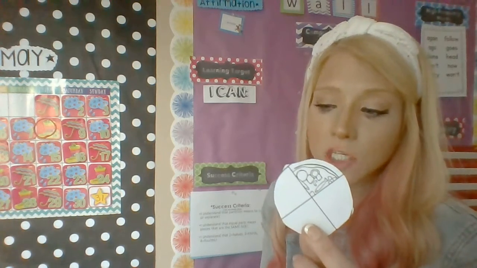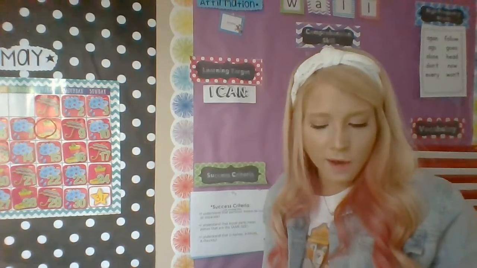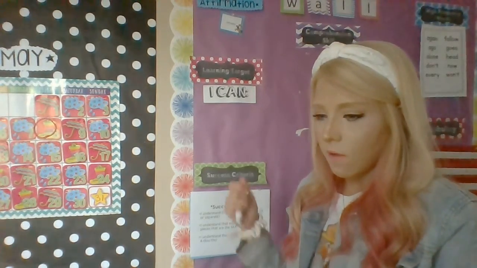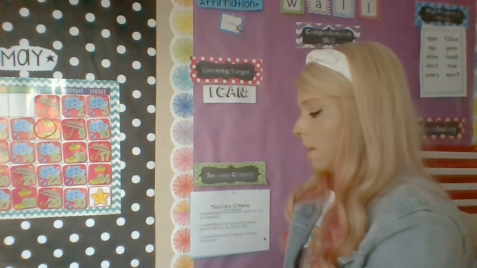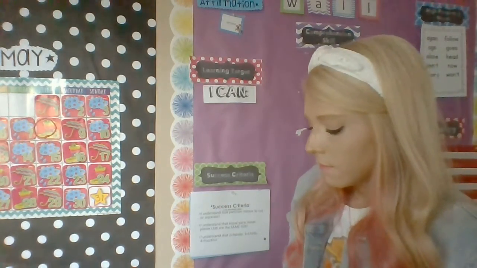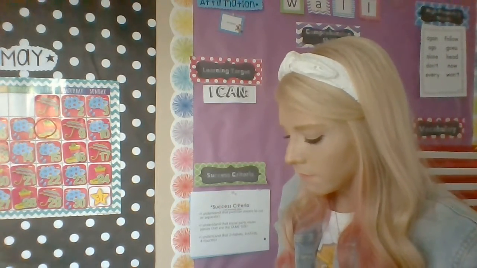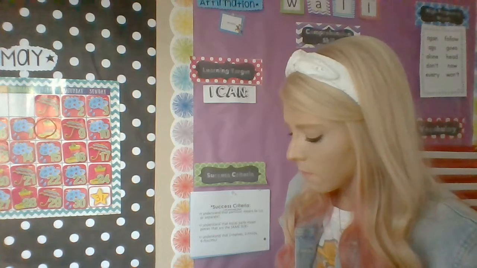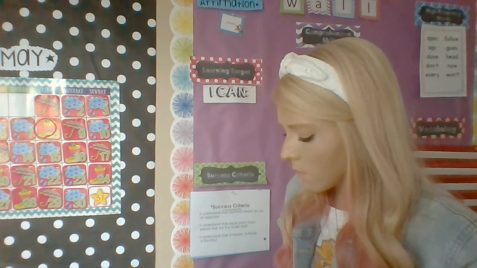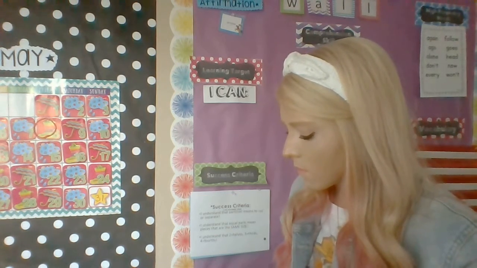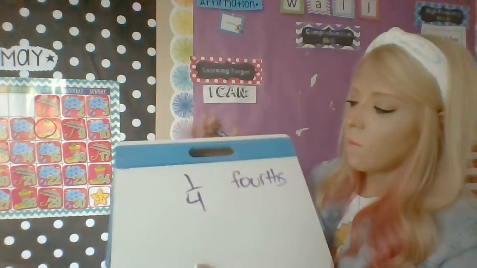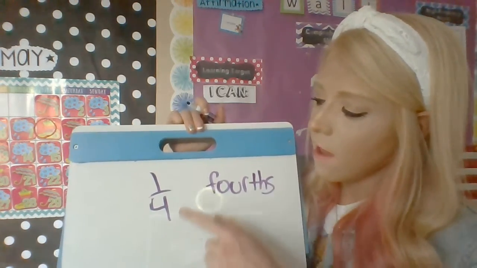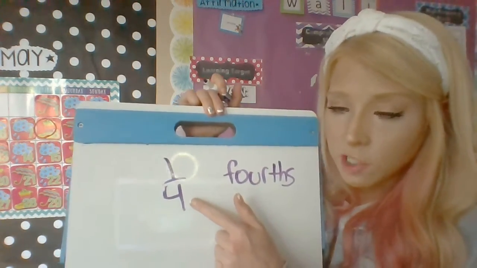So the fraction way to write that, I'll show you right now. Let me find my whiteboard marker. Here it is. So one out of the 4 pieces were left or shaded in.